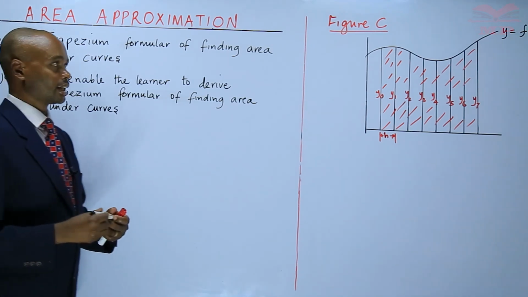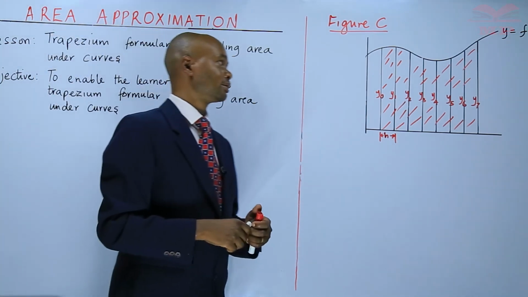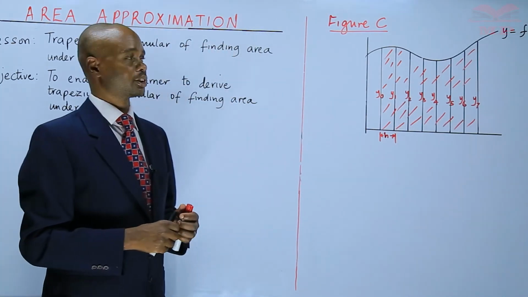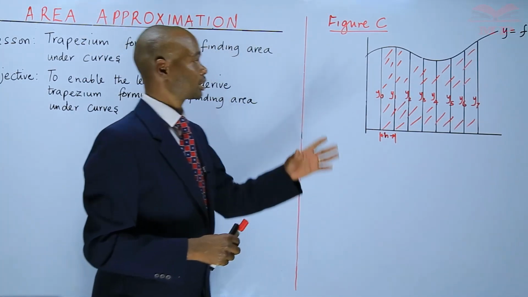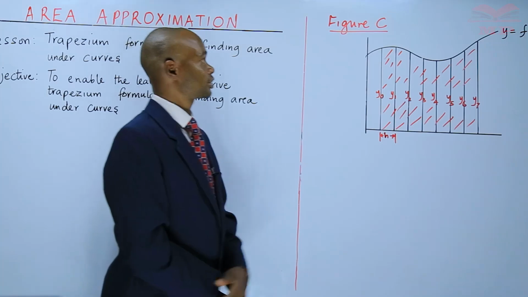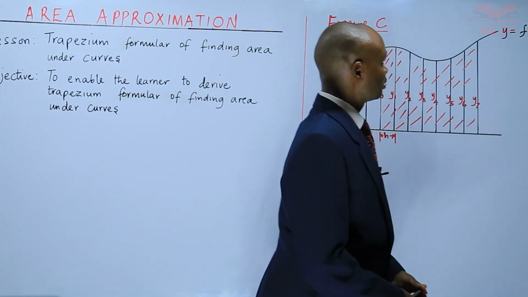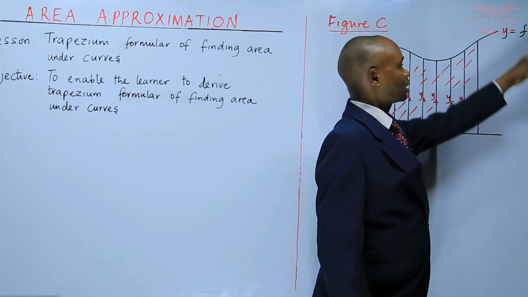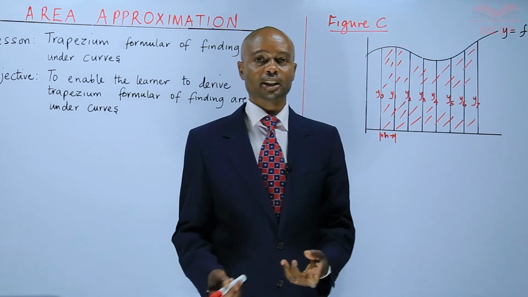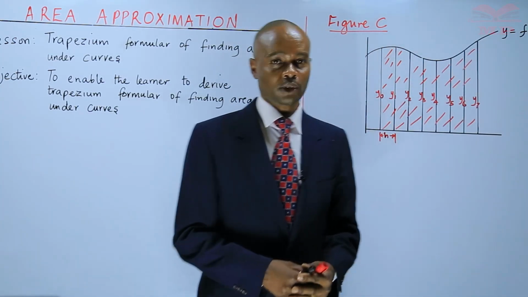So why are we interested in the trapezium area? Looking at figure C, this is a curve given by that function. It can be y is equal to x cubed or y is equal to x squared.